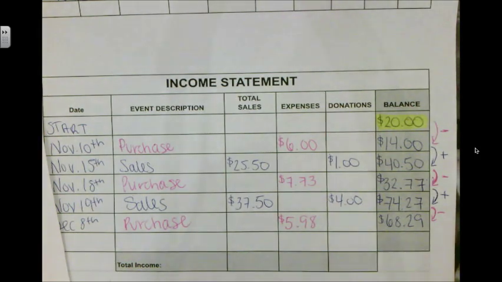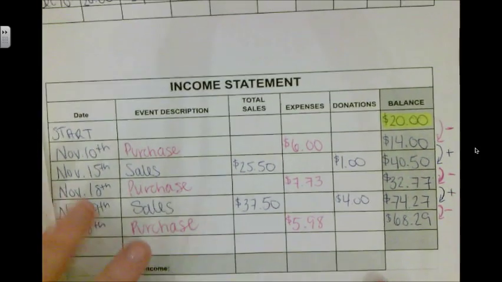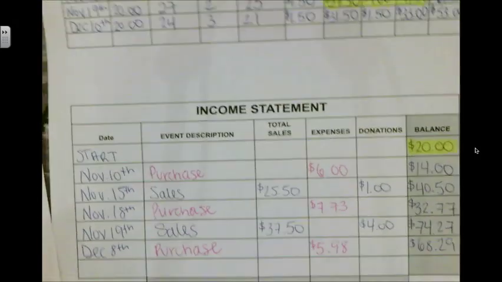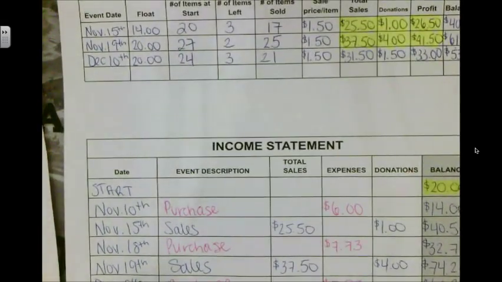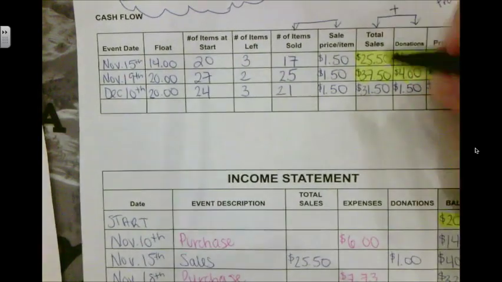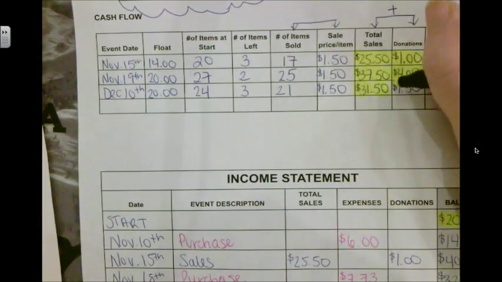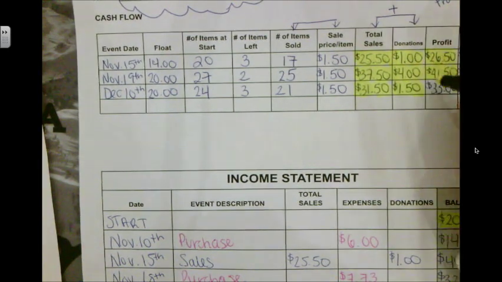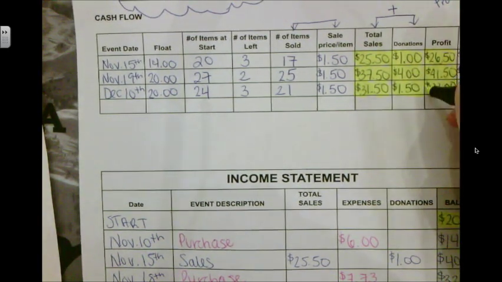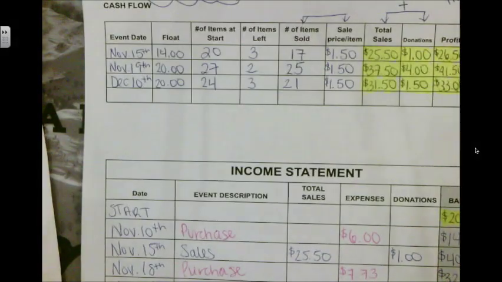So I go into my December 10th sale, which I have at the top here. So on December 10th, I made $31.50 in sales plus $1.50 donation, which is a total of $33 that I'm going to add to my balance. Okay?